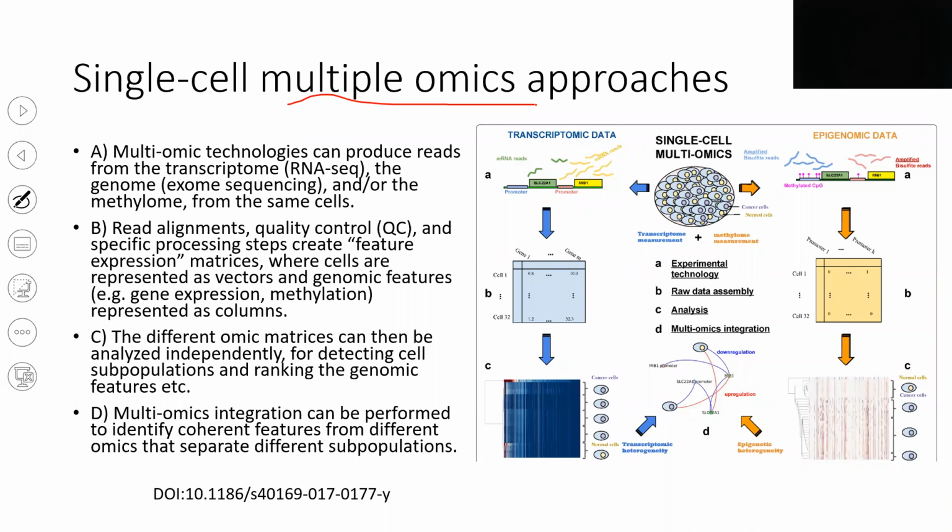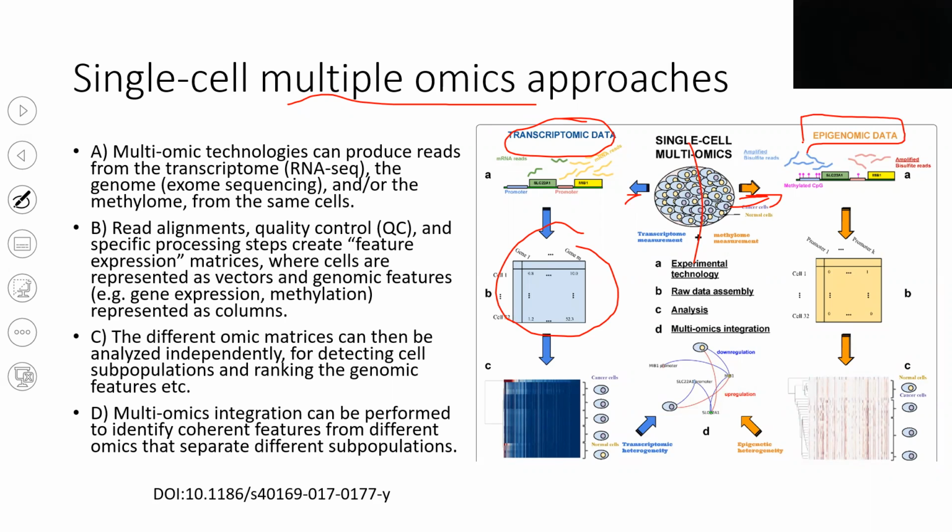For example, you have the same population of cells, put them into half and half, and one half goes to single cell RNA, and you get the expression matrix. The other you put into an epigenetic study.